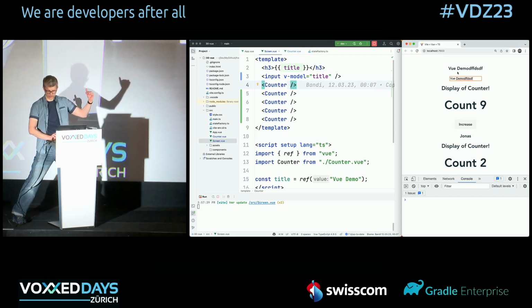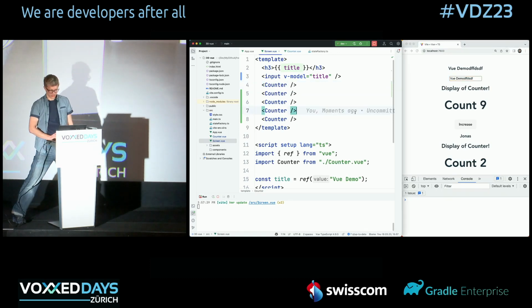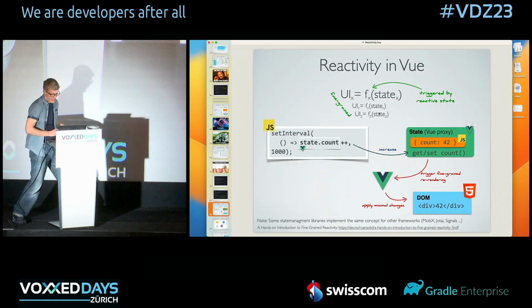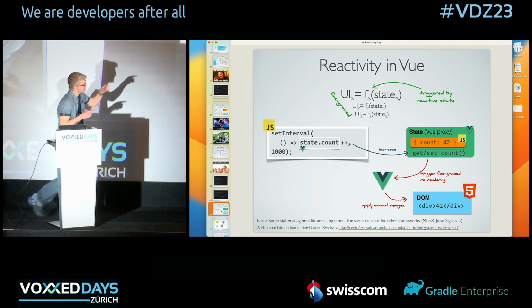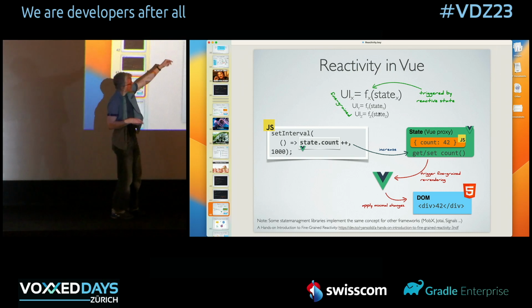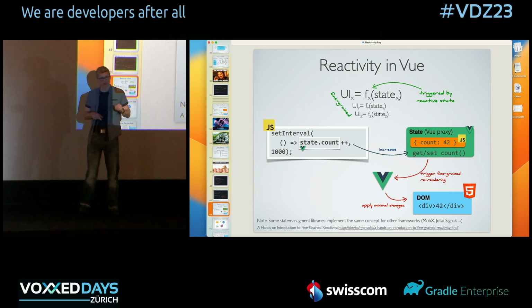Vue knows that only this one here is re-rendered. So Vue doesn't have these cascades. Vue has something that's called fine-grained reactivity. So Vue has a direct relation between the state, which is accessed and then changed later on, and the component that has to be re-rendered.